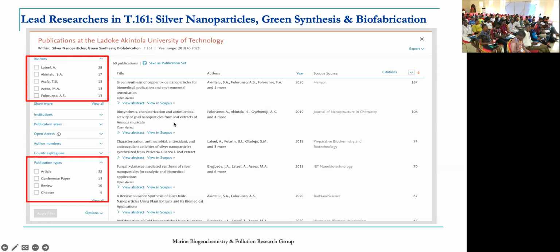Our breakdown shows that out of 60 publications, 32 are actually articles. This is good, and about 18 are conference papers, among the publication types. We have Latif A and the others.